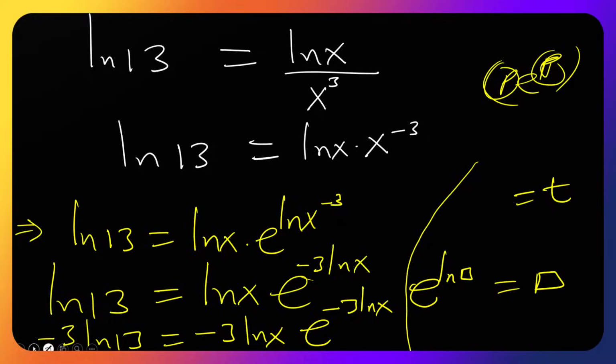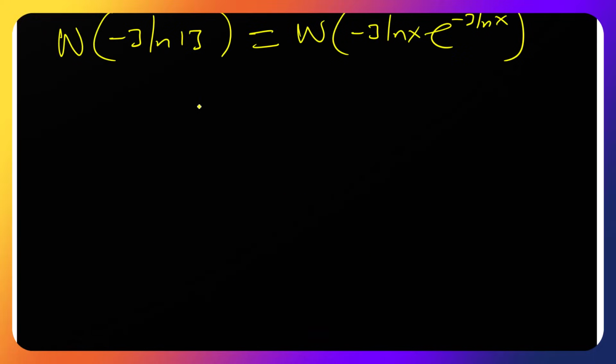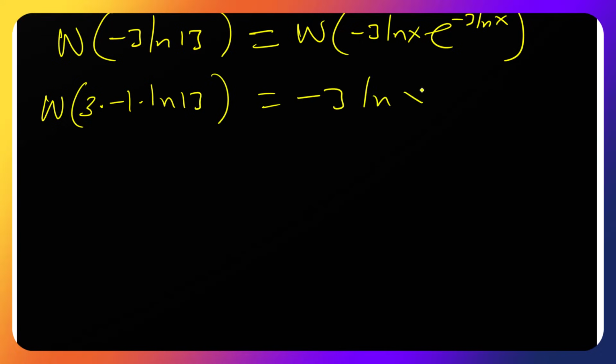All right, so from here, now we can manipulate this one. We can write this one as 3 times minus 1 times ln of 13. And this one, the answer is minus 3 ln of x.